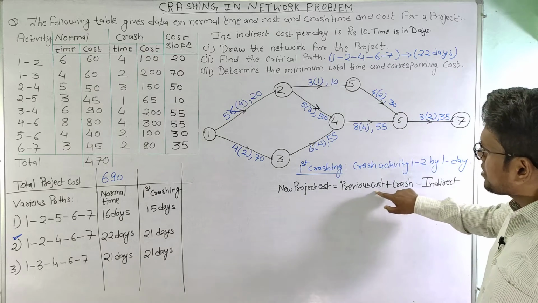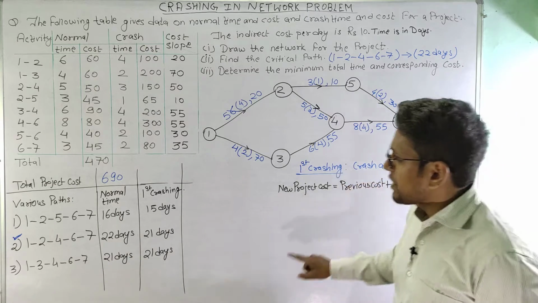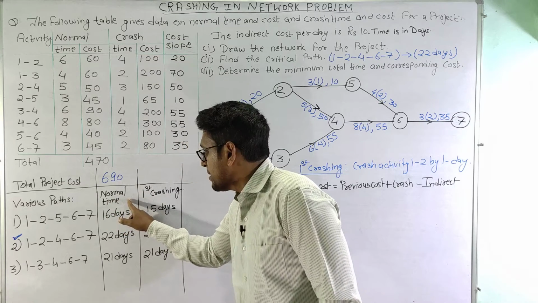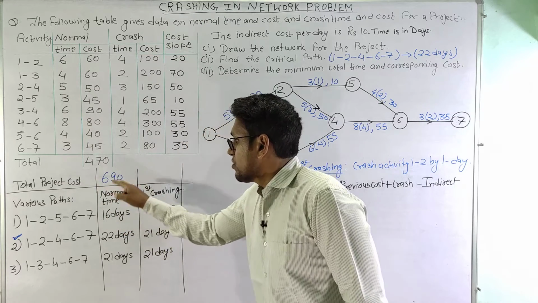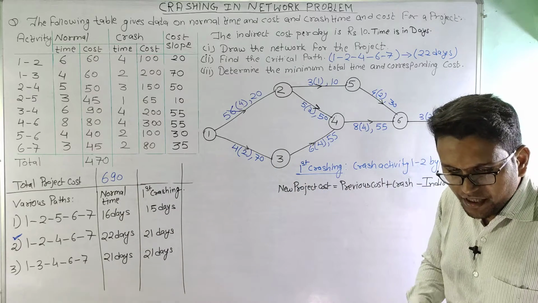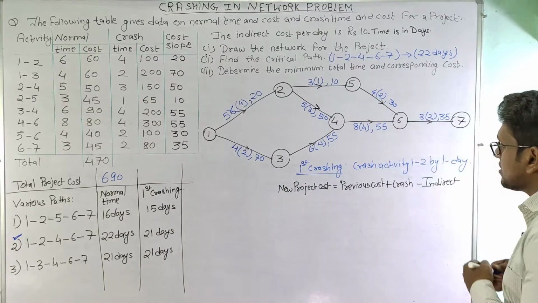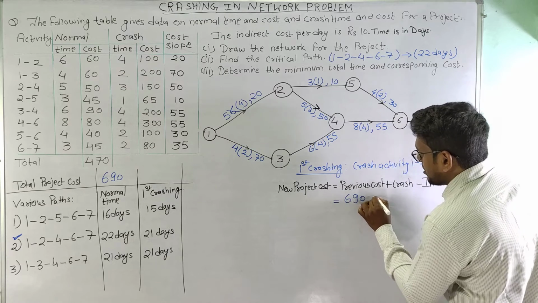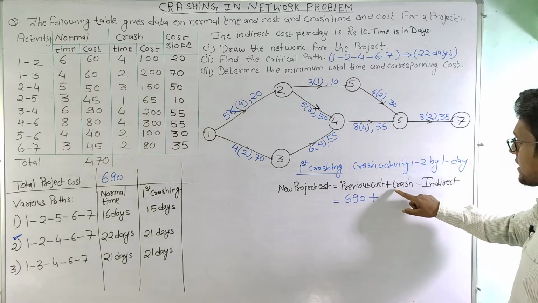So the previous cost, before first crashing, we have calculated the timing which is based on normal time, and this is the corresponding cost. So the previous cost here is rupees 690. So this will be rupees 690 previous cost plus crash cost.